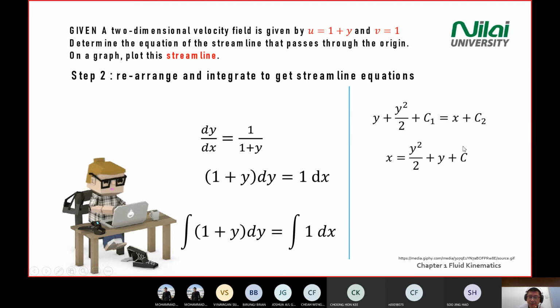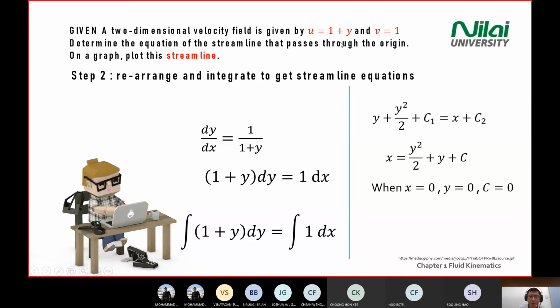Then you want to find the constant value. What is the constant value here? You put in the boundary condition. This is a common approach. We put x equal to 0, y equal to 0, because the question gives you the hint that this streamline passes through the origin. At the origin, we know everything is 0: x equal to 0, y 0, z 0.